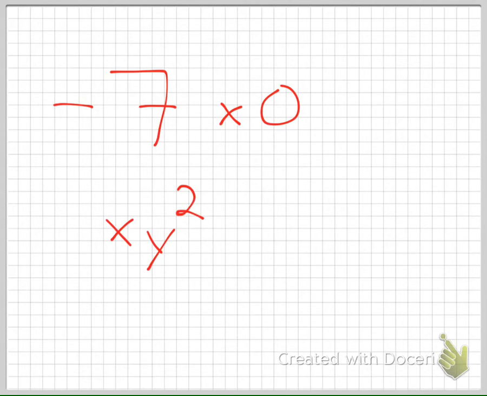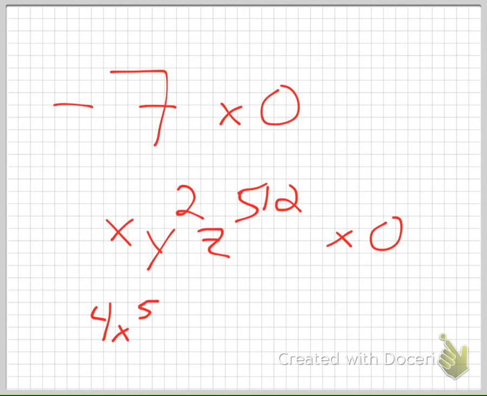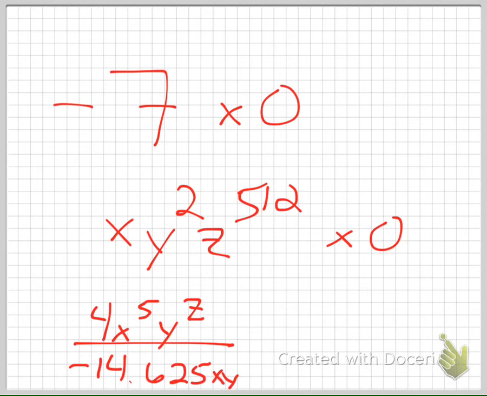X, y squared, z to the 512 times 0 is 0, right? 4x to the 5th, y to the z power over negative 14.625xyz. All of that times 0 is 0, right? Anything times 0 is 0.